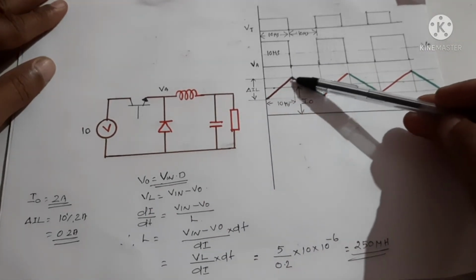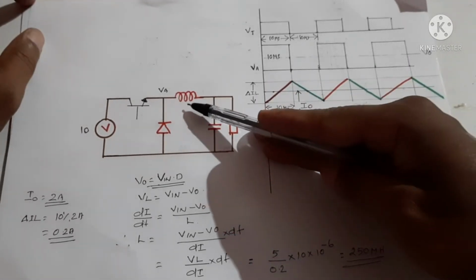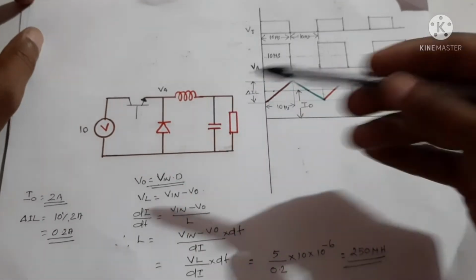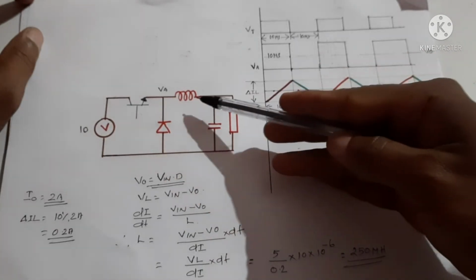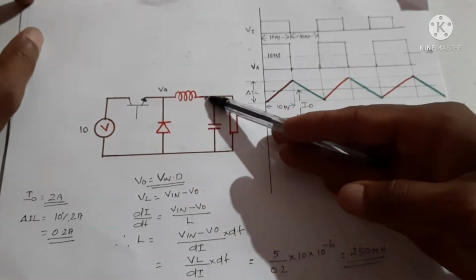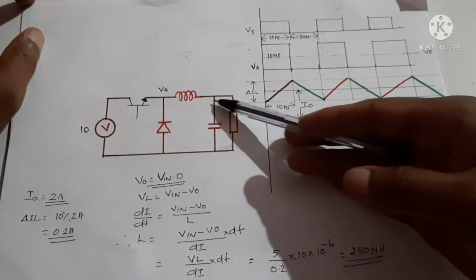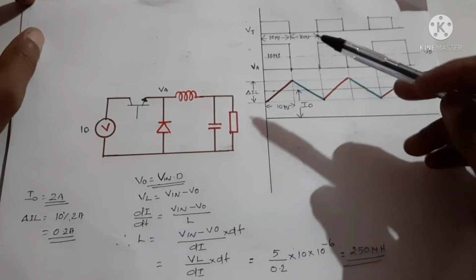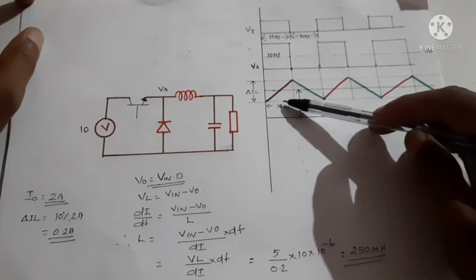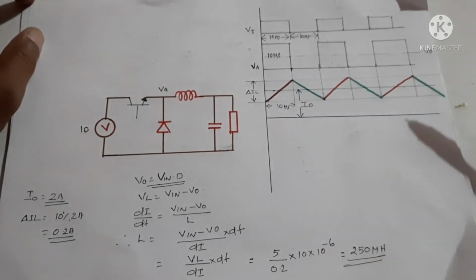And this is for 10 microseconds. So the inductor is receiving 5 volt of energy. It is receiving out of the total 10 volt arriving at this point. It takes 5 volt of energy, and the remaining energy is going to the load, and it is receiving the energy for 10 microseconds.